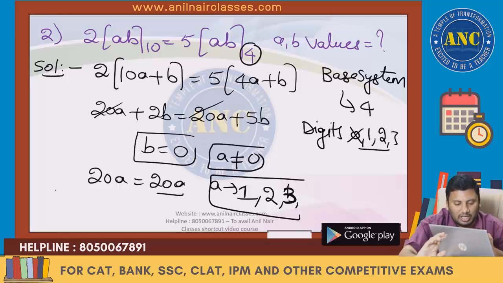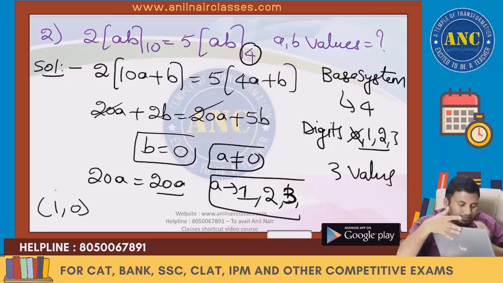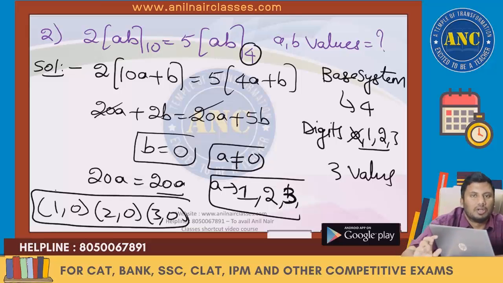So 20 into 1 equals 20 into 1, 20 into 2 equals 20 into 2. How many values? A will take 3 values. What are the sets? 1, 0; 2, 0; 3, 0. I hope the 2-digit number is clear.